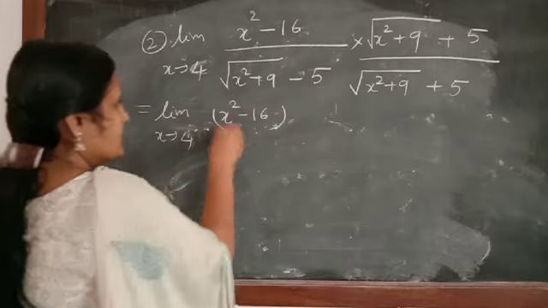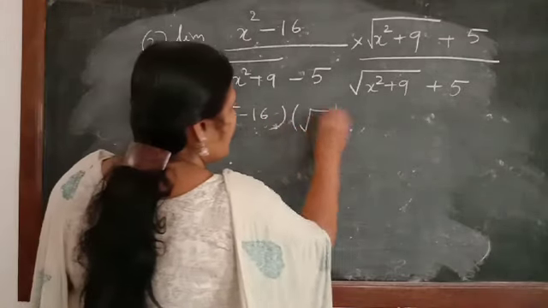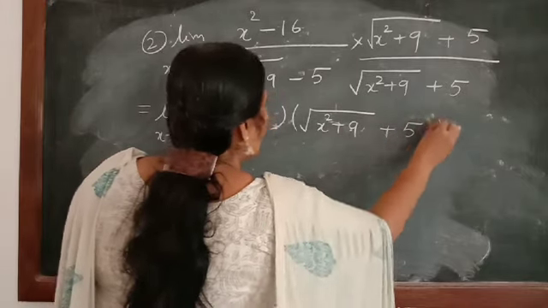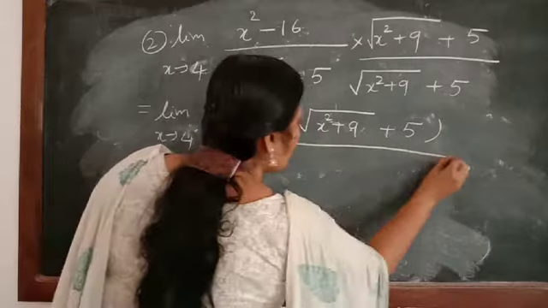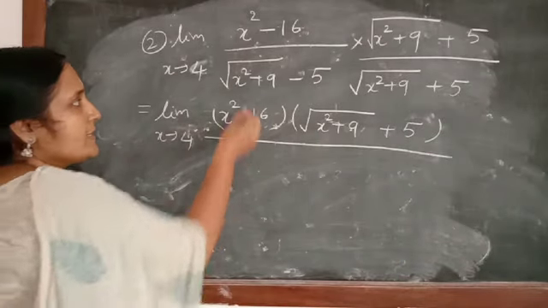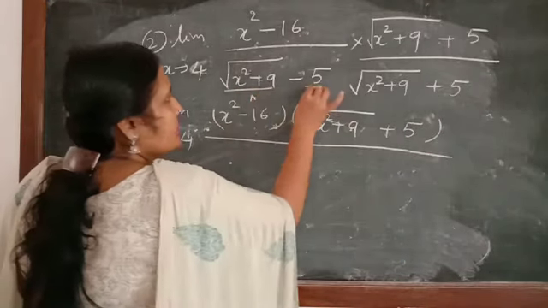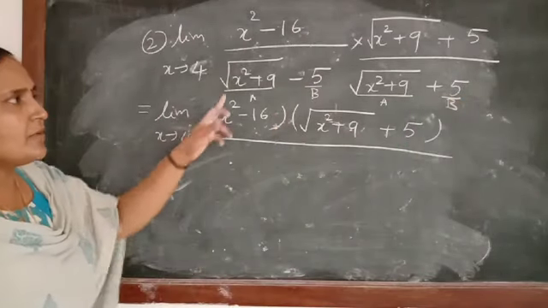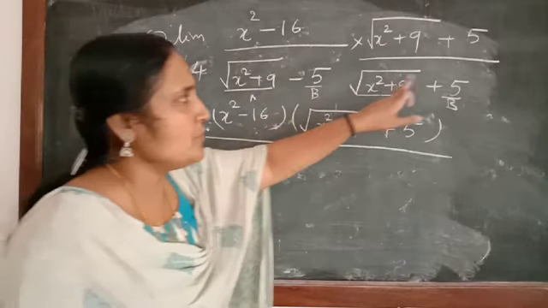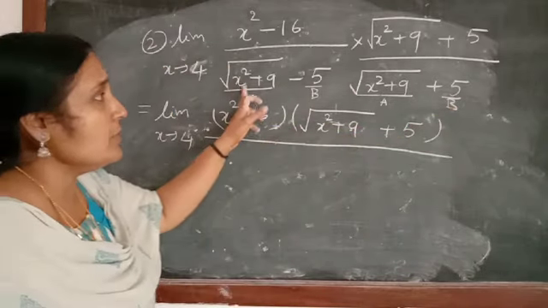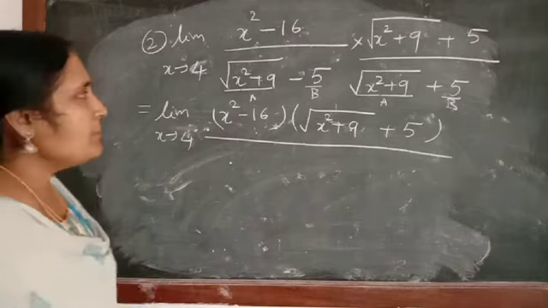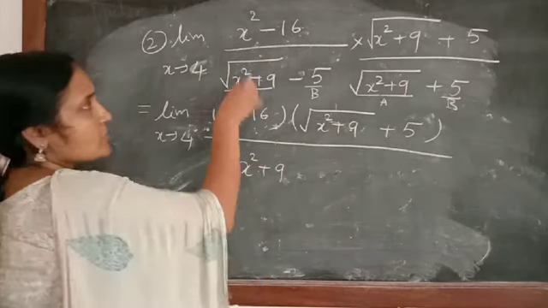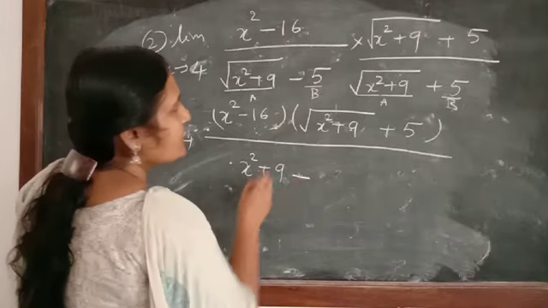x square minus 16 we have, and then the remaining square root of x square plus 9 plus 5, by. In the denominator we can use the identity. This is a, this is b, in the form of a minus b into a plus b, which is equal to a square minus b square. Then we will get x square plus 9, because the square root will get cancelled, minus b square.